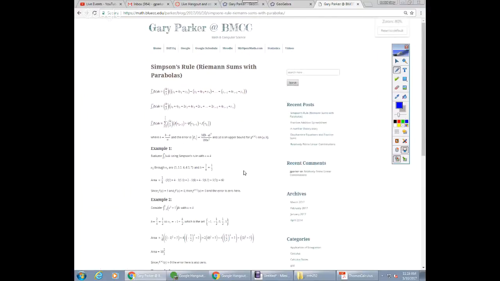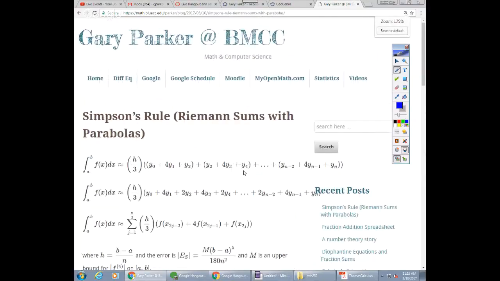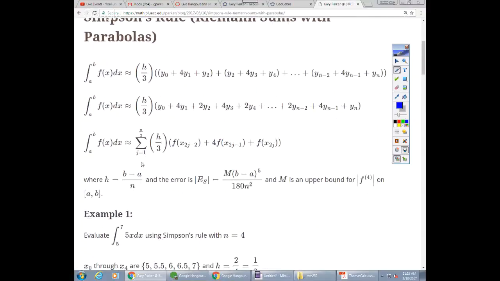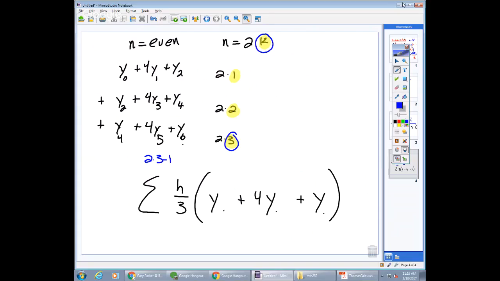Simpson's Rule. All right, I called it j here. I'm going to use k. So here, I'm going to have the interval as k goes from 1 up to 3.